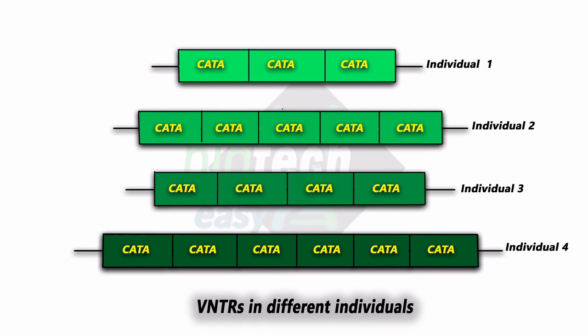So here you see that in the first individual 3 repeats are there, in the second individual 5 repeats, the third one has 4 and the fourth one has 6 repeats. So 6 times it is repeated, CATA CATA like that. That's how all the individuals are going to be different, and because of this motif these individuals can be recognized or identified.